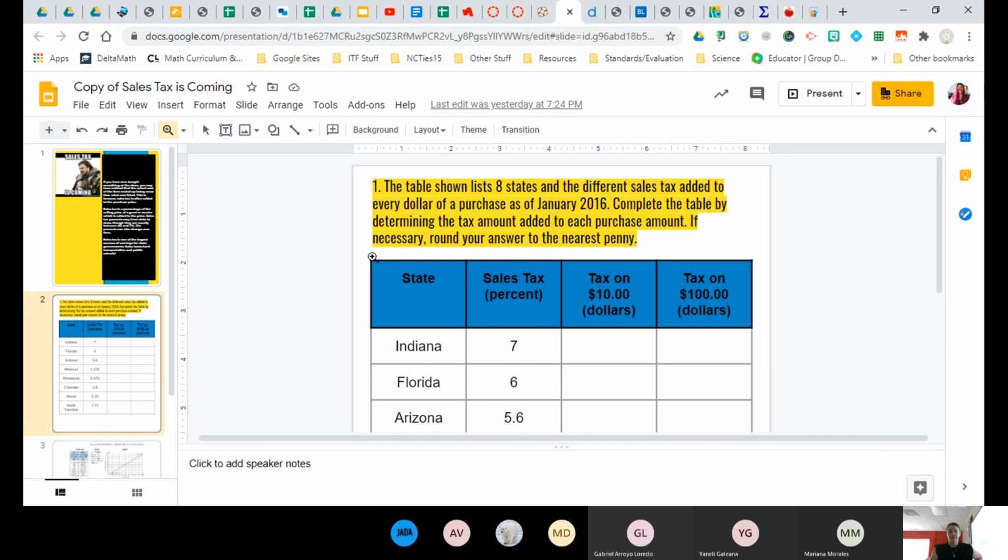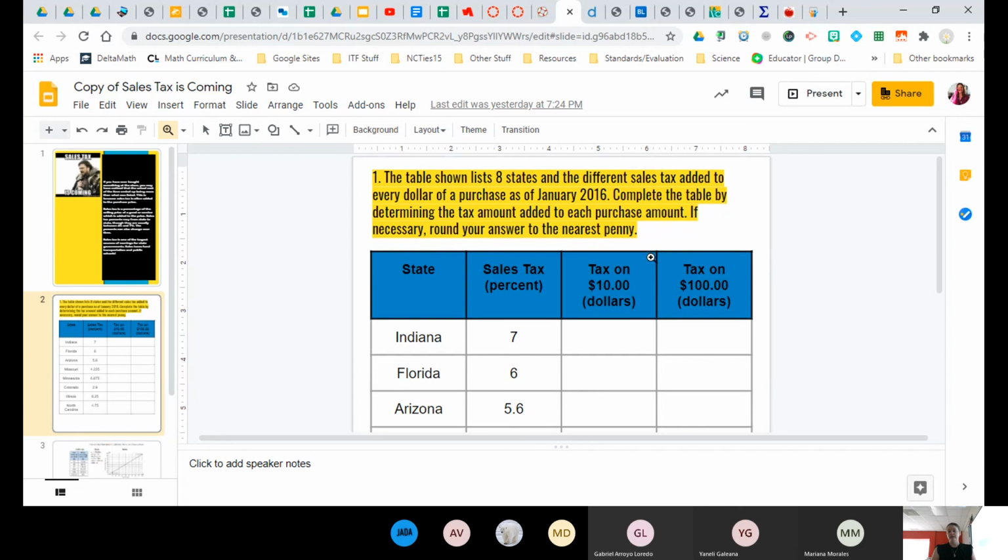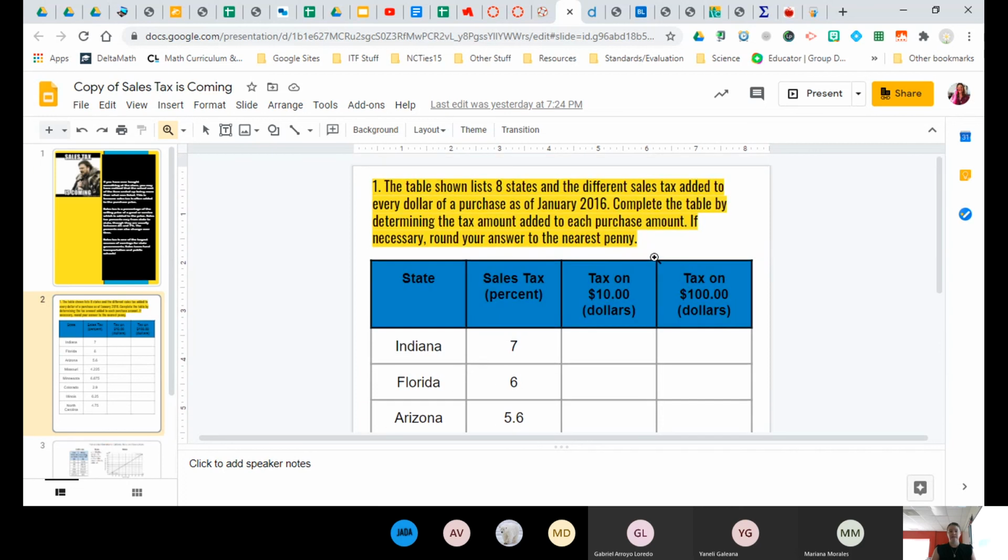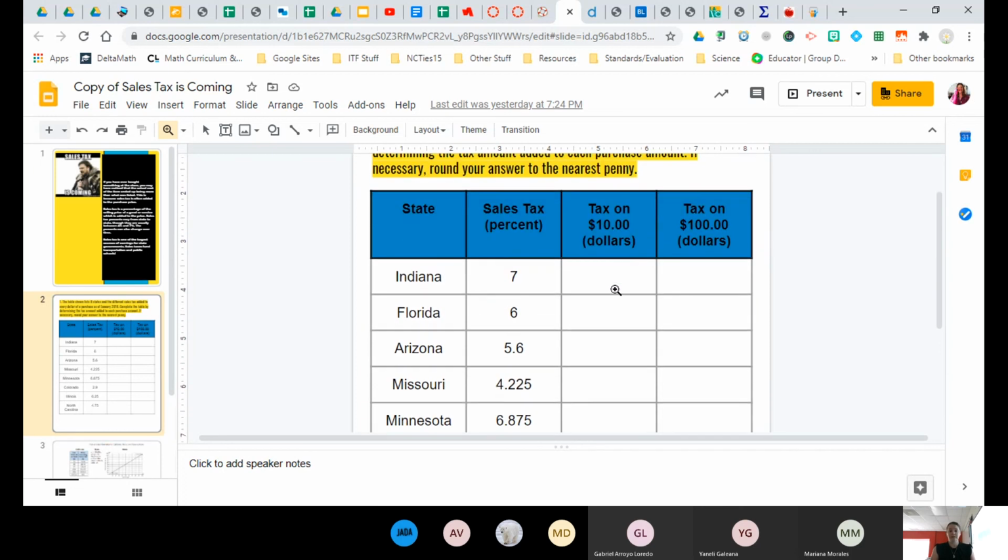The first one shows 8 states and the different sales tax added to every dollar on a purchase in the year 2016. So this is as of 2016. And all you need to do is complete the table. So all you need to tell me is in Indiana, if you have a 7% sales tax, how much tax would you pay for a $10 item?